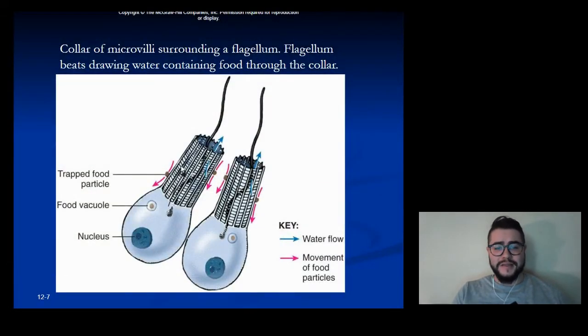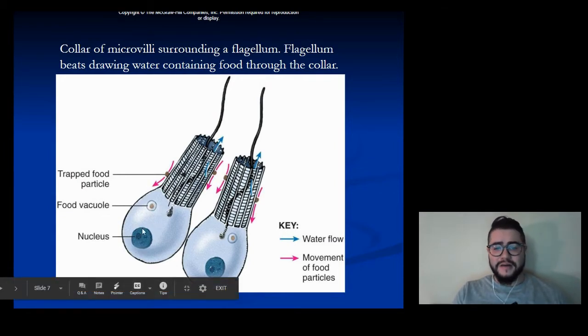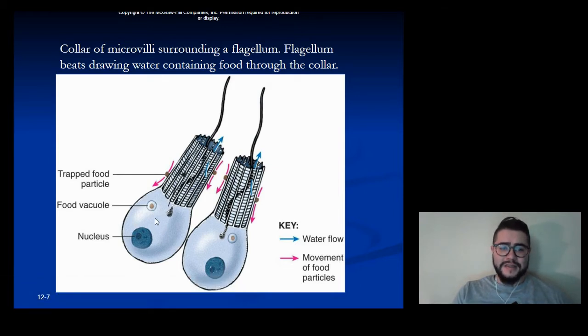This is the choanocyte. Knowing how this works is pretty key. So you look at the cell. It has a nucleus. It's got cytoplasm and all of that. But attached to this cell is what's known as a flagellum, which is this little thing that sticks out of it. And the flagellum beats. And when it beats, it creates a water current.